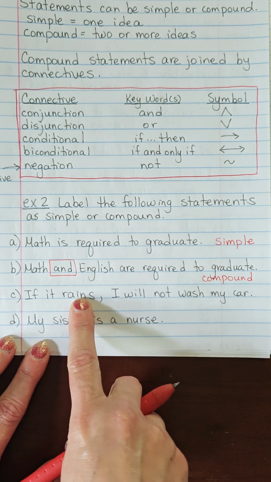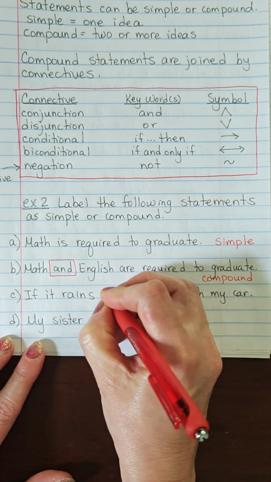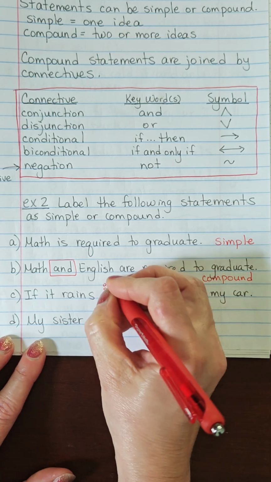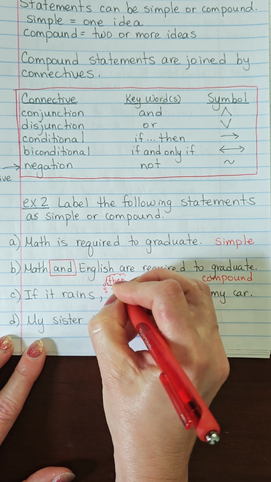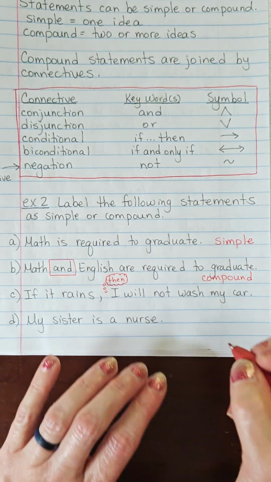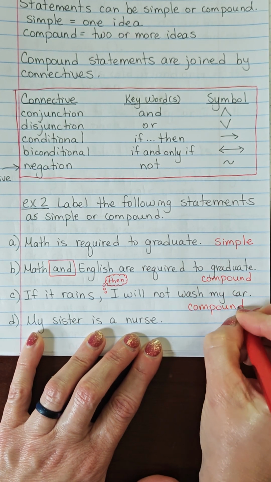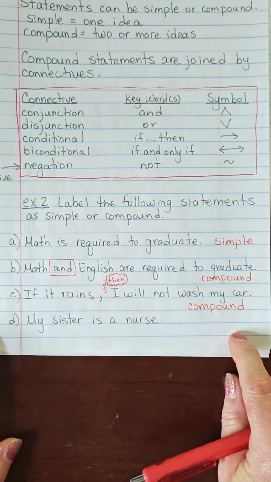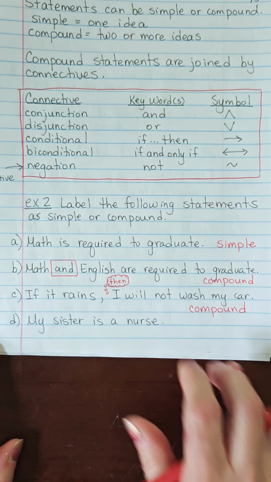So if it rains, then I will not wash my car. So the then, let me just put a happy little thought cloud here, is just implied to be there. But this is a compound statement, and its connective is that conditional, that if-then.